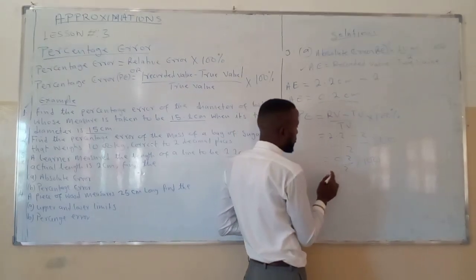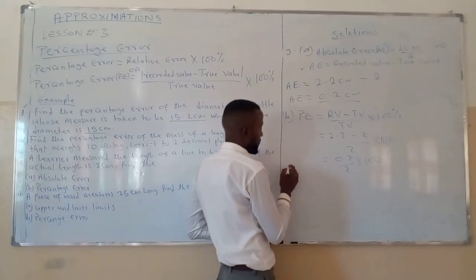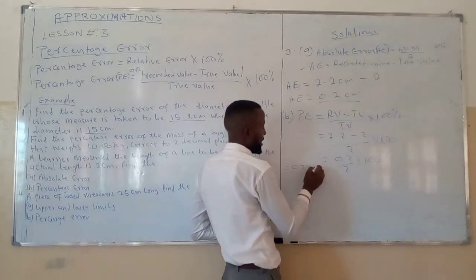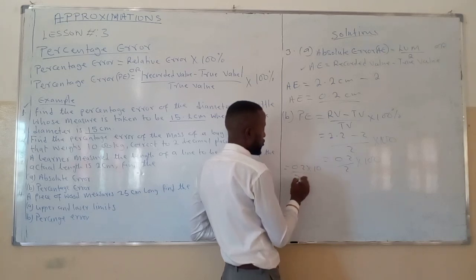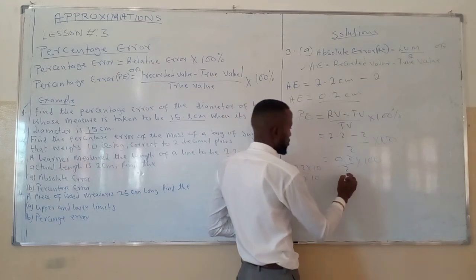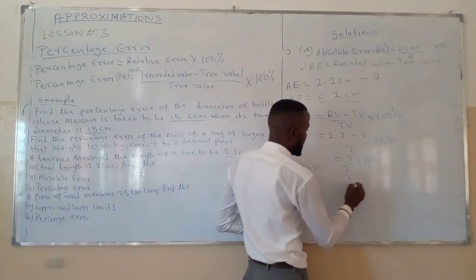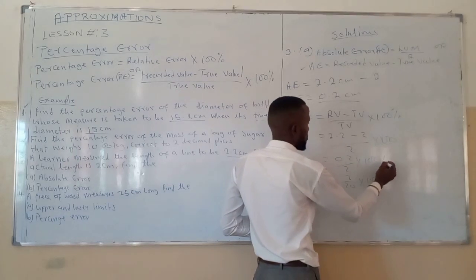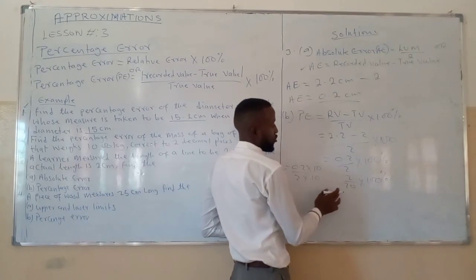By multiplying, of course. So 0.2 times 10, and 2 times 10, I will have 2 divided by 20 times 100%.